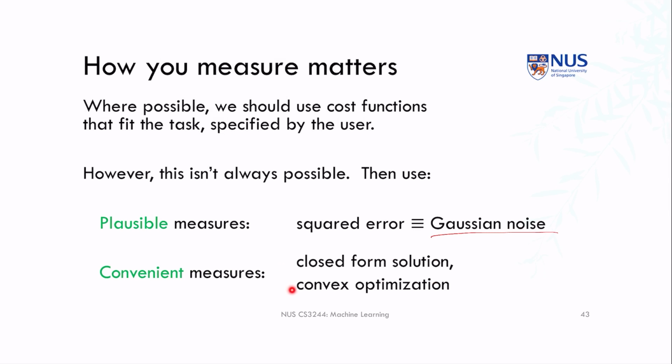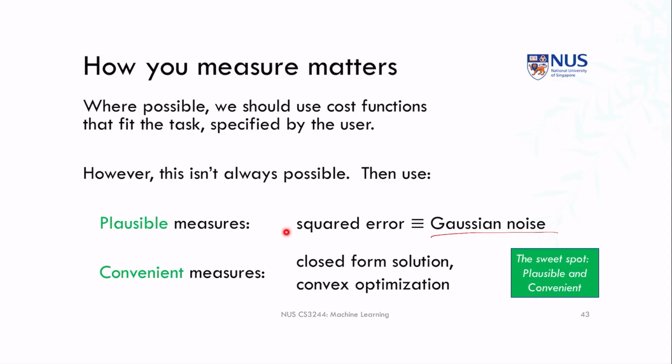Either they have closed form solutions or they admit the possibility of optimization that's very simple. The sweet spot for us is where we have both plausible and convenient measures used together. We'll see how that works. In fact, our squared error measure that we use often for things like regression is one of these cases.